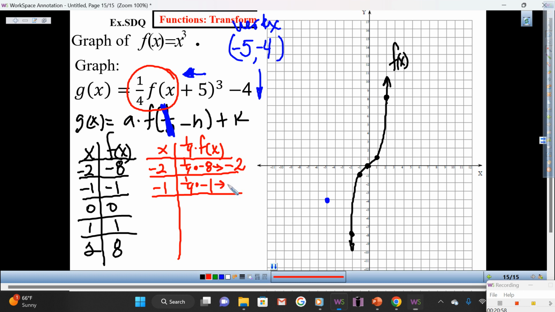Which is -1/4. All right. Next one, Mr. Q. All right, 0, 0.